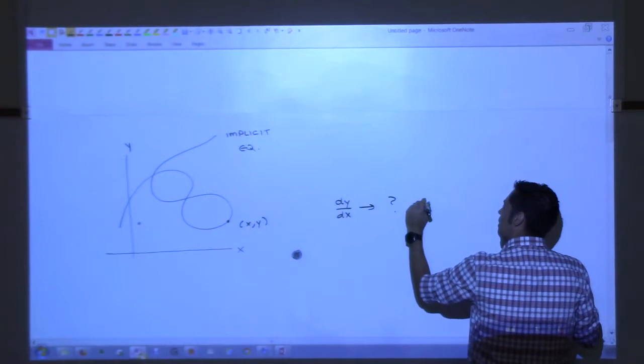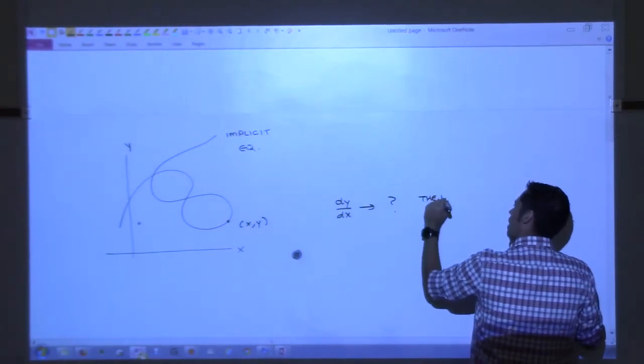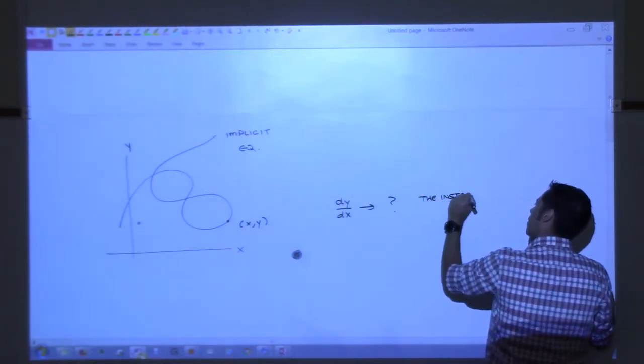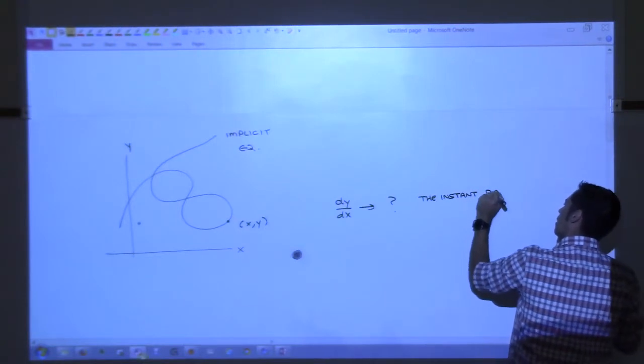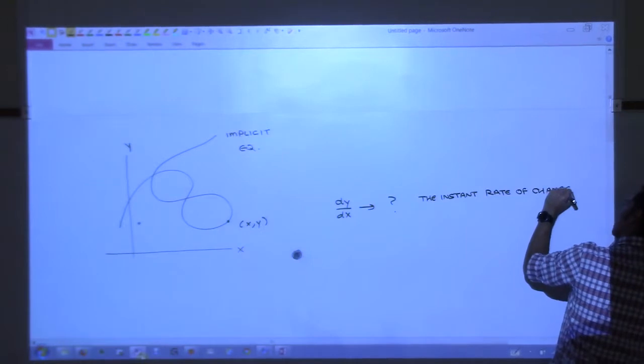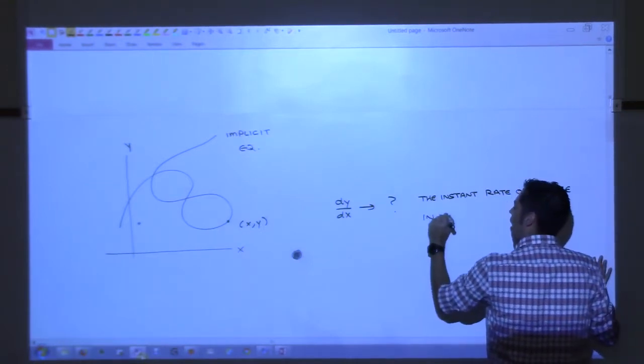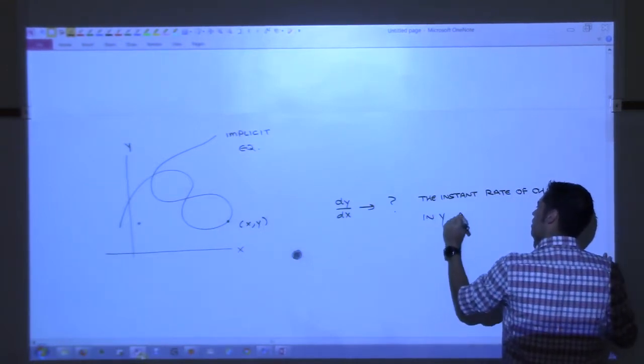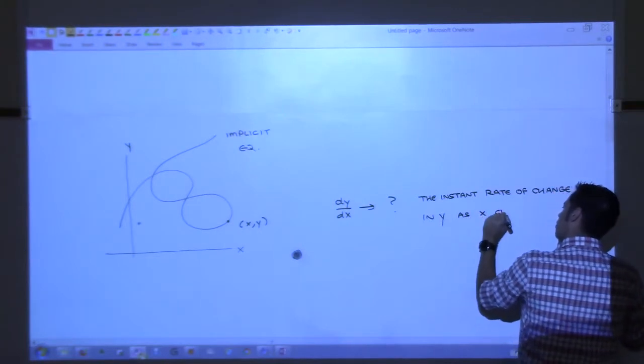This tells us the instantaneous or instant rate of change in y as x changes.